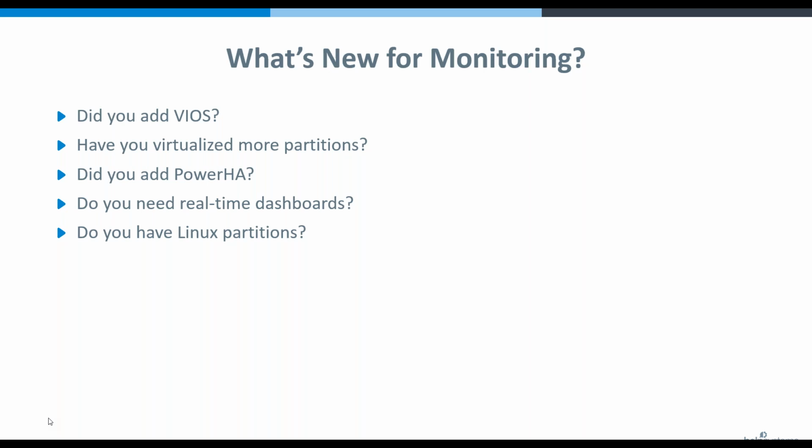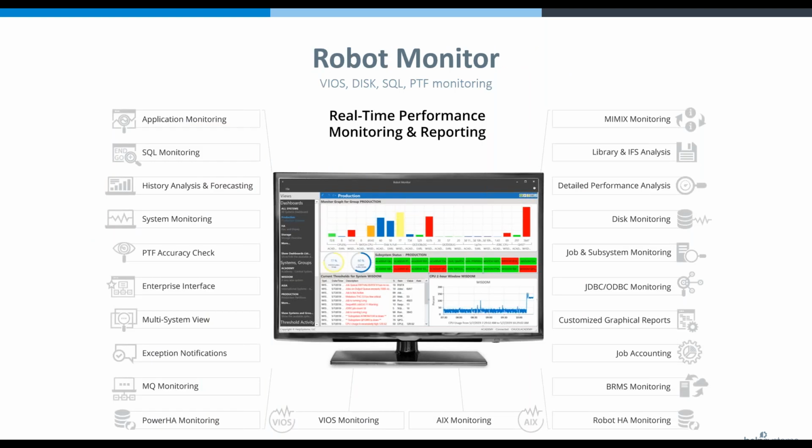And finally, there's yet another operating system that we need to consider. Tom mentioned Linux at the very beginning of this presentation, and of course, Power Linux running on a Power server is yet another operating system that you may need to monitor. You may have some applications running there. So we have an option for you for monitoring all of this information.